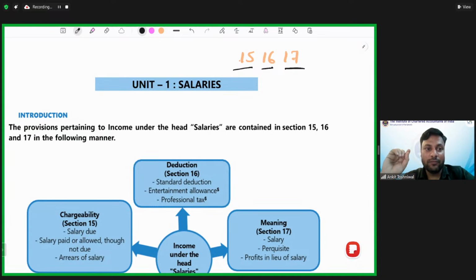But if Mr. X is an employer and he is giving some loan or some payment on behalf of Mr. Y, is Mr. Y the employer of Mr. A?